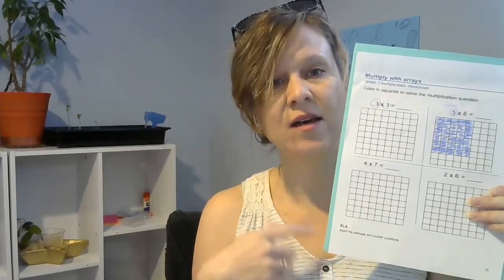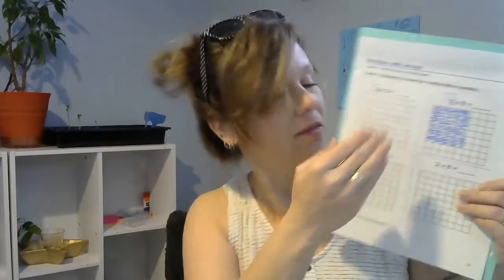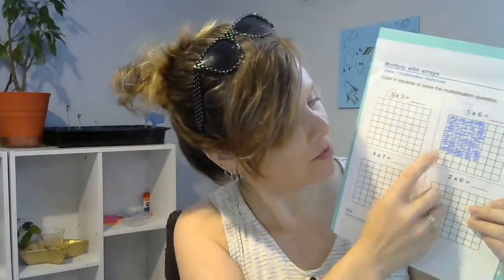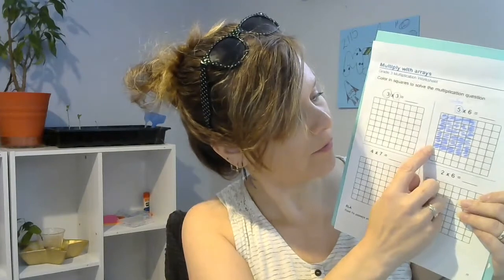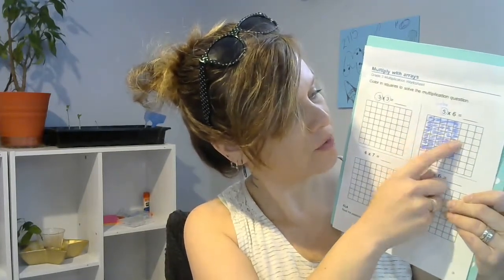It's like our area model. It is reminding us that arrays can show space. And then to find the answer, I'm just going to count. I'm going to skip count 5 in this row, 10, 15, 20, 25, 30, 5 taken 6 times is 30, and write my answer there. Okay, so array models.